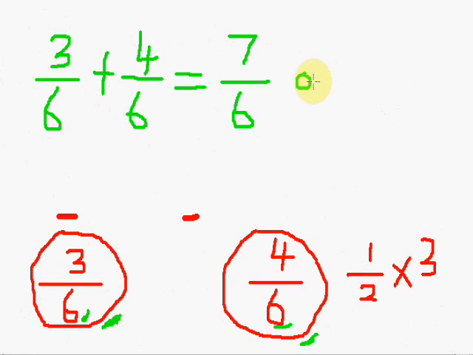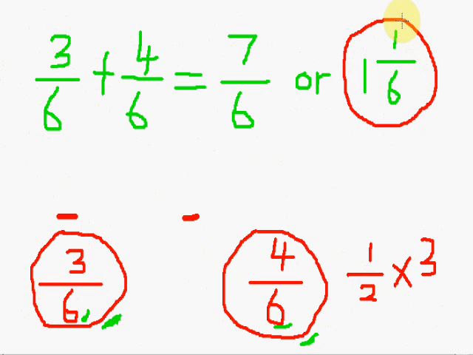7 over 6 can also be written as 1 and 1 over 6, which is called a mixed number. And again, we'll be looking at those very shortly, and how you can change an improper fraction to a mixed number, and a mixed number to an improper fraction.